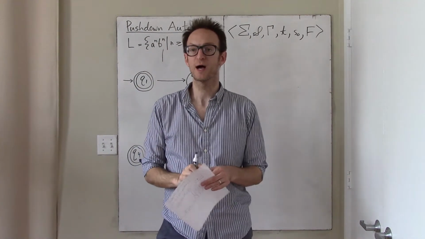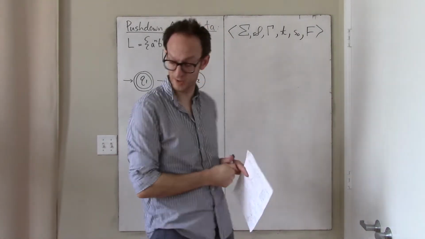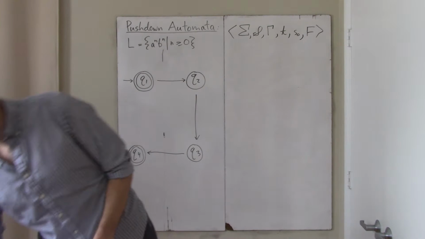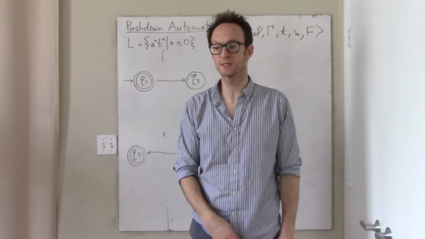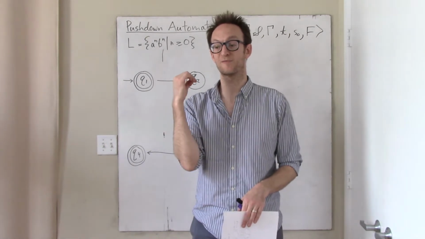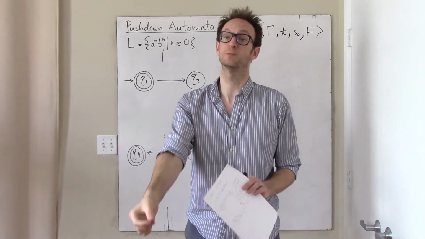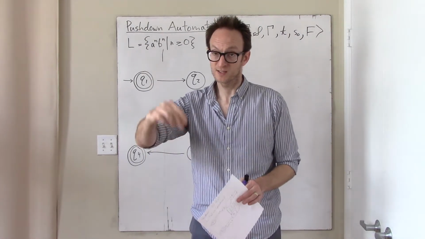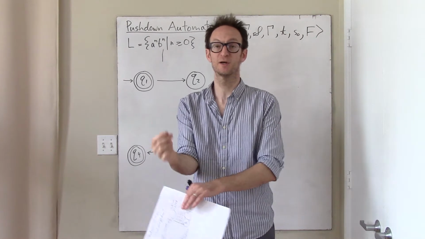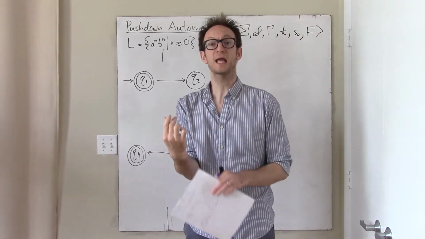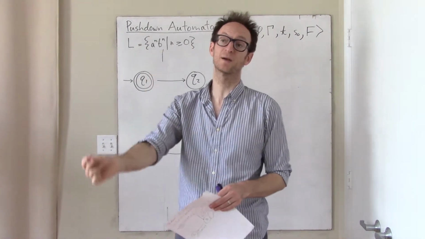But now this is where it gets exciting. When it comes to our transition function, we now have more power, because our transition function is not just going to tell us, from a particular state reading a particular character, what new state to go to. What state we go to upon reading a particular character from a particular state can also depend on the character which is on top of the stack.